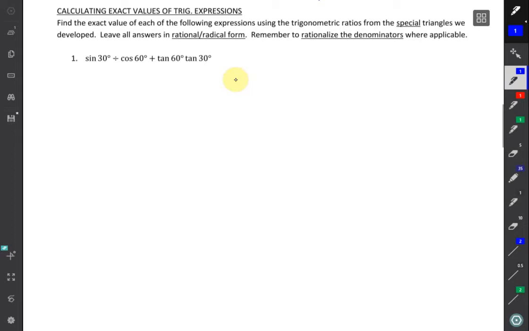The importance of exact values is in science applications, in engineering, etc., where you're working with formulas over and over again, or you're working with a value over and over again, and you don't want to introduce error in the very beginning. So what we do is we use exact values so that our answer will not be rounded in any way and that we don't introduce error somewhere in the beginning of some work that we're doing. So that's why we're practicing this skill.